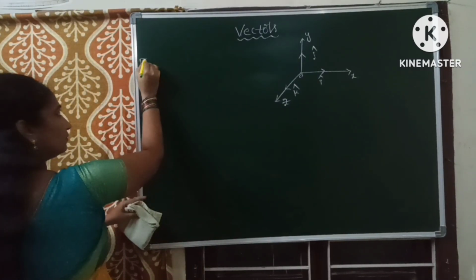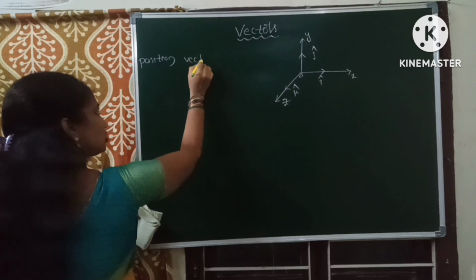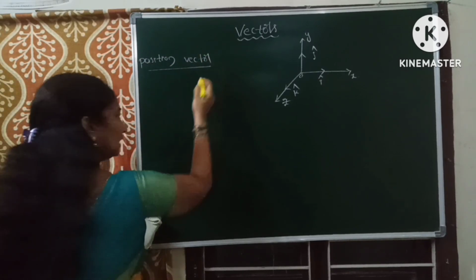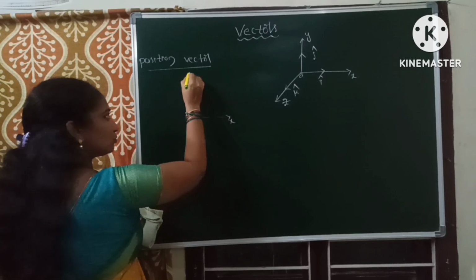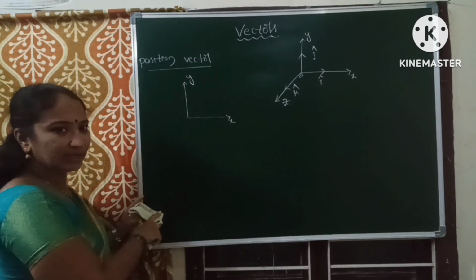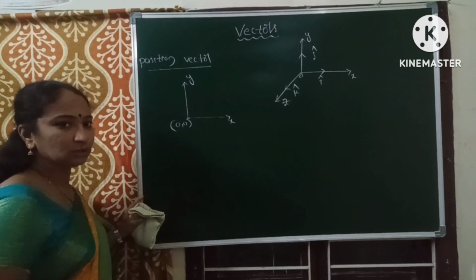Position vector. What is the position of the vector from the origin? For example, let us consider a 2D xy plane. X axis, y axis. Here it is called the origin 0, 0.